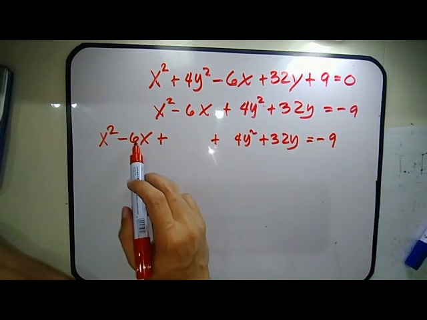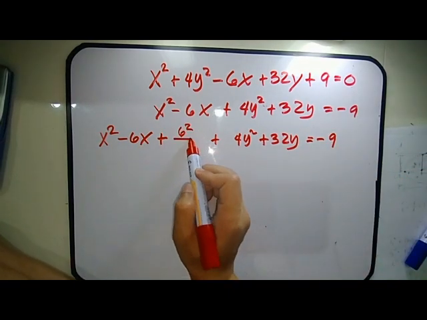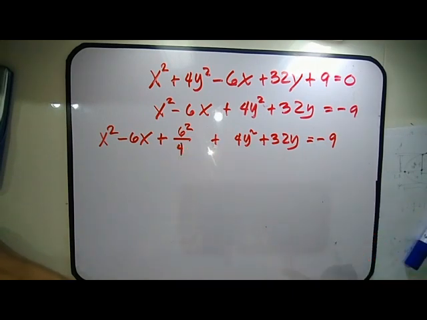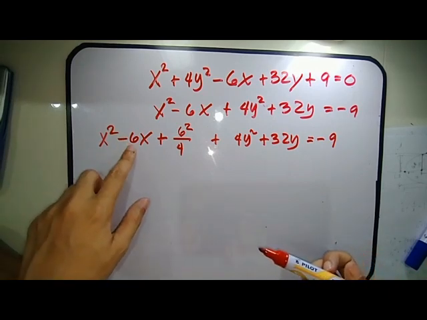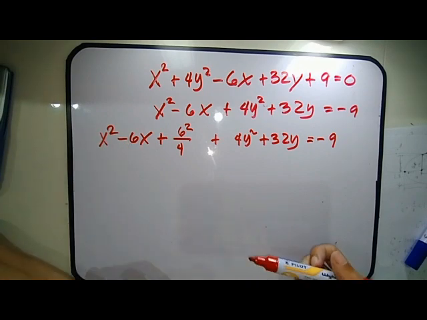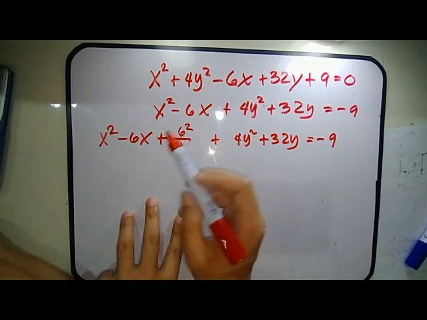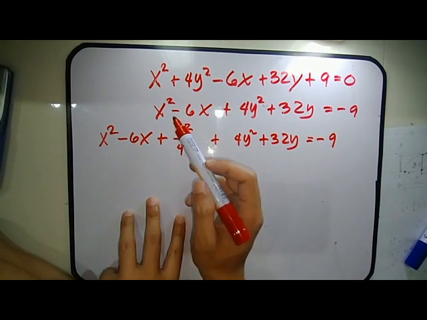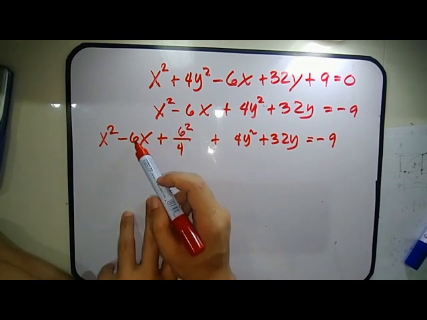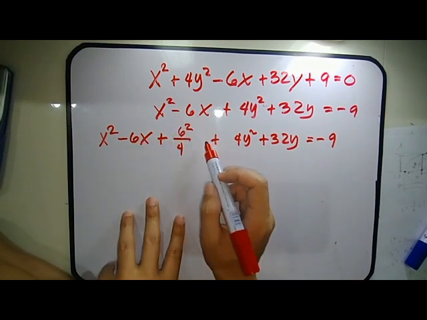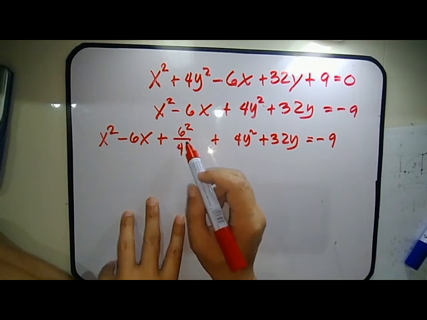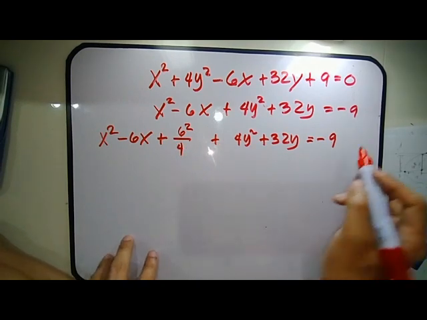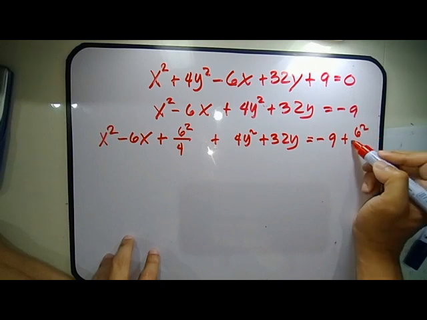The term we will add is 6 squared over 4. If you recall the technique from the parabola, when completing the square, we divide the coefficient by 2, so 6 divided by 2 is basically 3. But here, what we add is 6 squared over 4: we square the coefficient of the first degree term, then divide by 4, a constant. So plus 6 squared over 4.